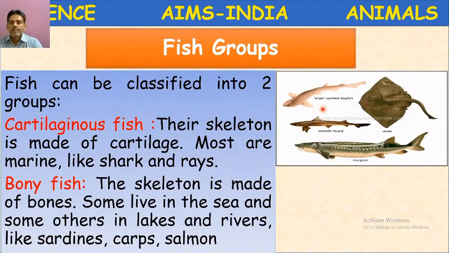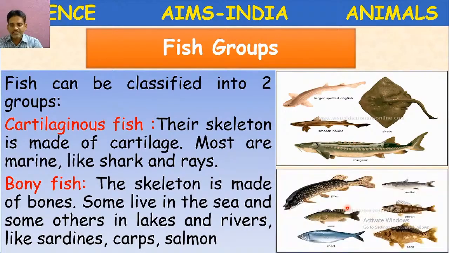See here, cartilaginous fish, shark. These are shark, small, and skate or torpedo, the electric ray fish. Then smooth hound, it is also a sea fish, cartilaginous fish. And sturgeon, it is also one of the shark type, cartilaginous fish.